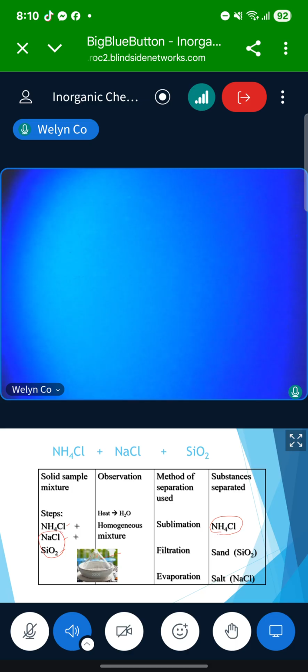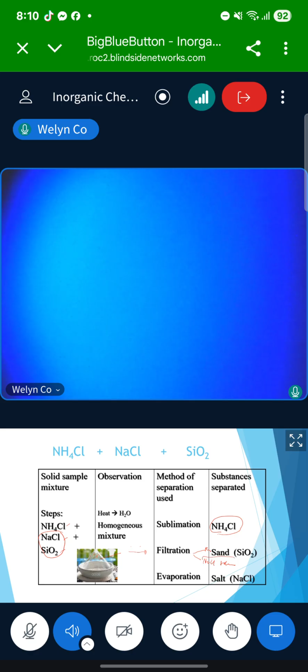So how can we separate sodium chloride and sand? This time, you have to add water. Andito yung water mo for filtration. Add water in order that the sodium chloride will become a solution. Then you filter it. So yung residue mo for filtration, this is your sand, yung ating filtrate, ito yung ating sodium chloride solution.